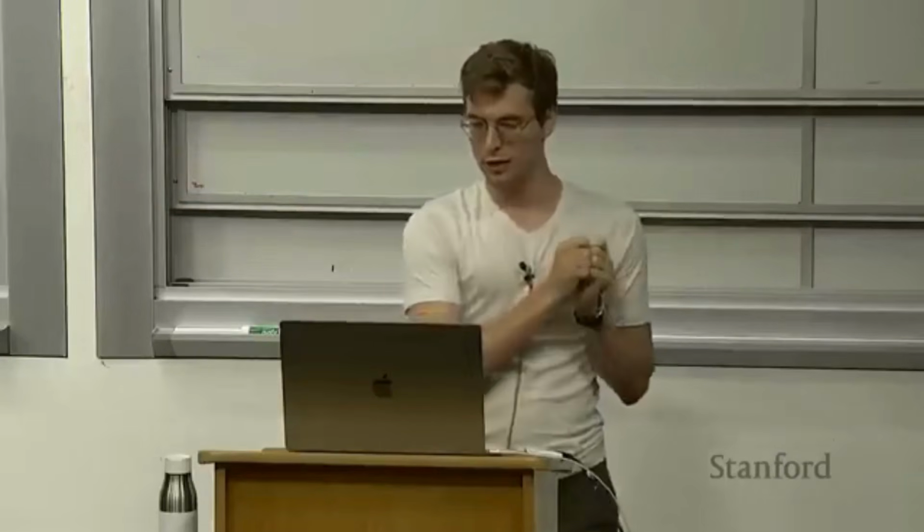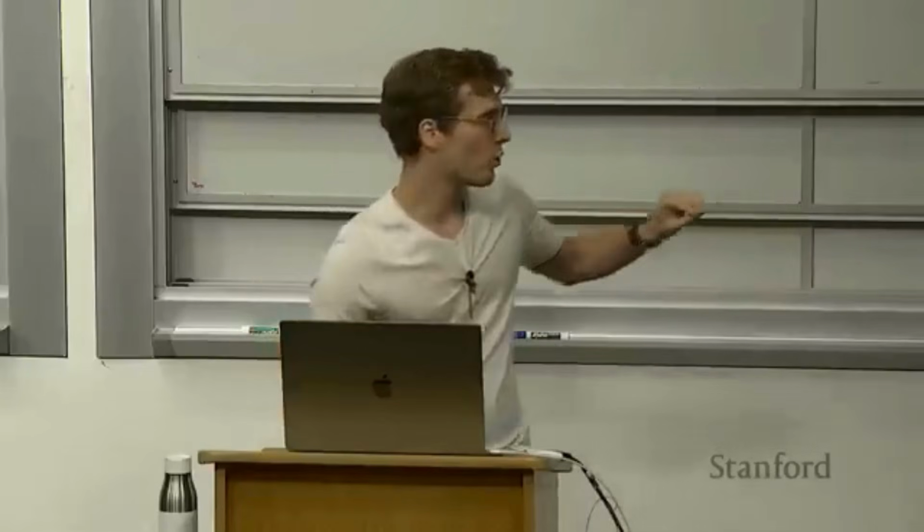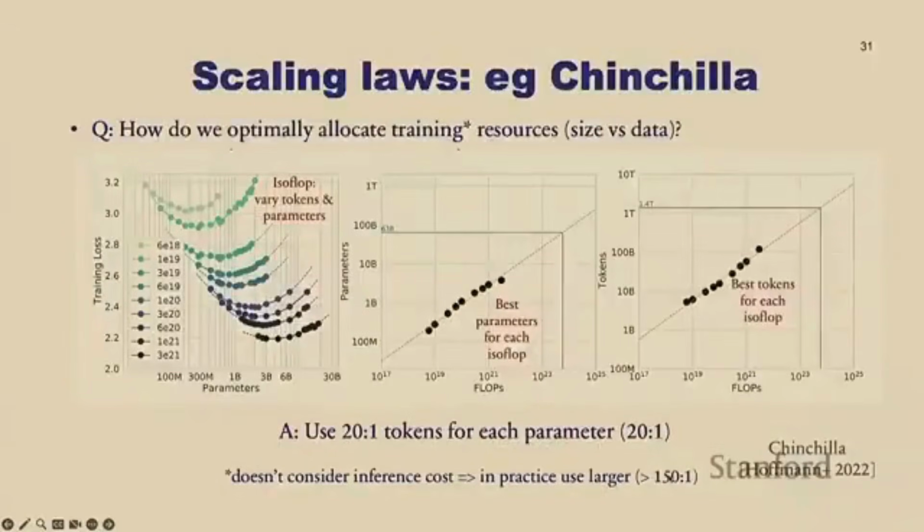So if you consider the inference cost, other papers try to show that it's around 150 tokens per parameter, because you prefer a smaller model, since over time you're going to spend less money on inference. So 150 to 1 is around what the best models are trained on right now, at least the ones used in practice in production.